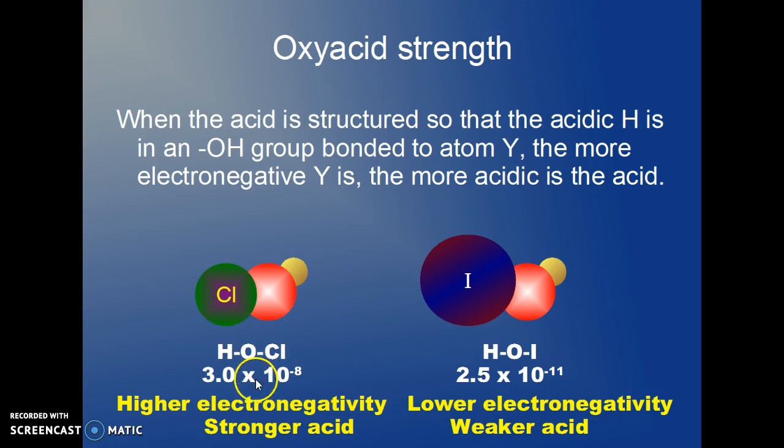This has a Ka of 3 times 10 to the negative 8th. Whereas HOI, the iodine, has a lower electronegativity than the chlorine, and so it's going to pull electrons less, and that means that there is a stronger bond between the oxygen and the hydrogen here in this OH pairing of the HOI.